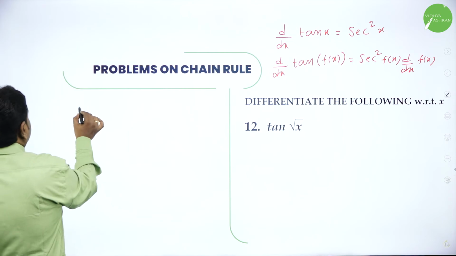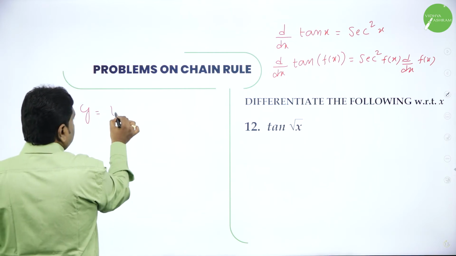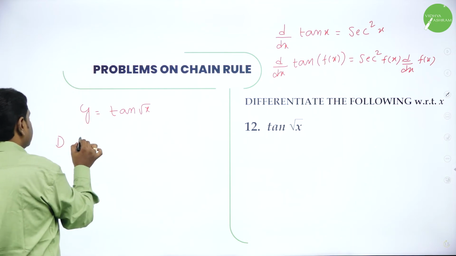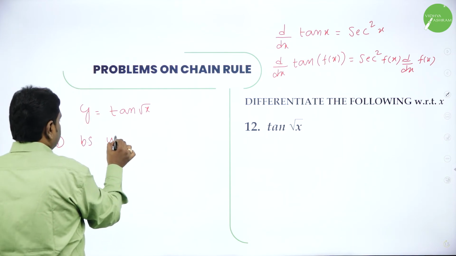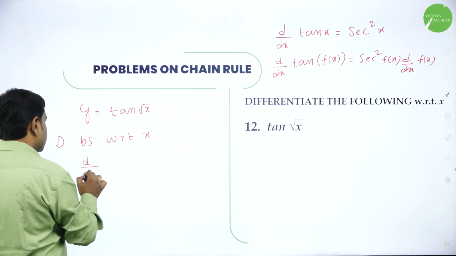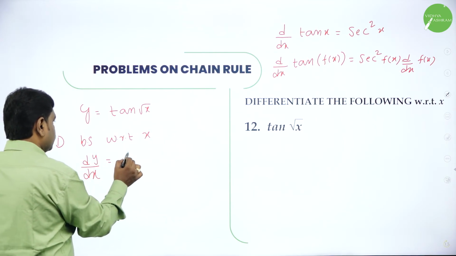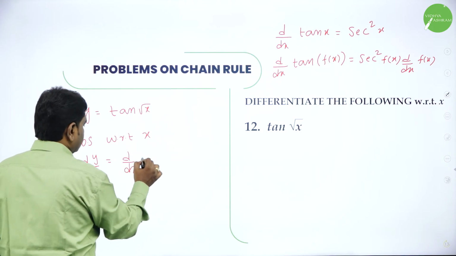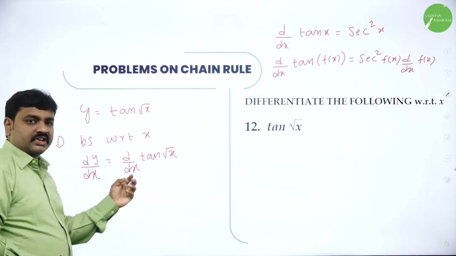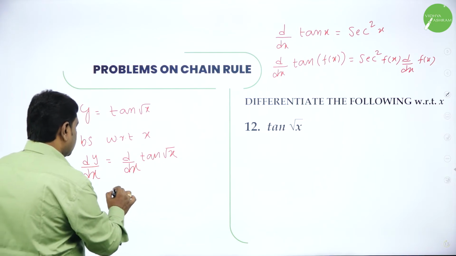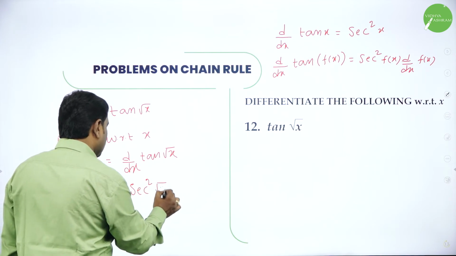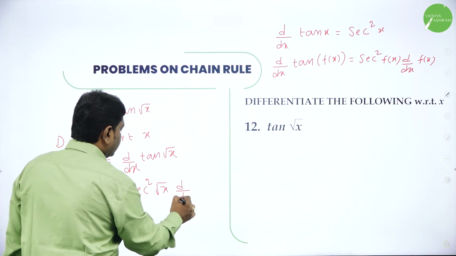So let us take the given problem as y, that is tan root x, and differentiate both sides with respect to x. Now what is the form? Tan f of x. The derivative of tan f of x is secant square root x into d by dx of the internal function.